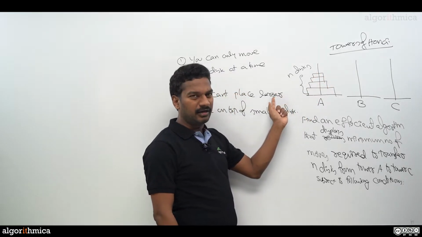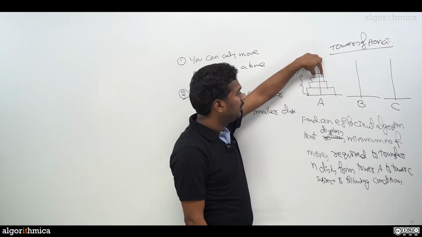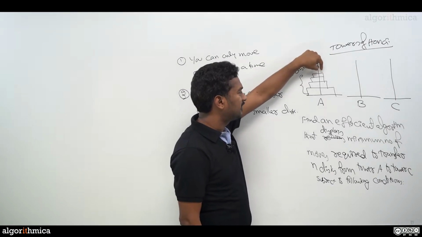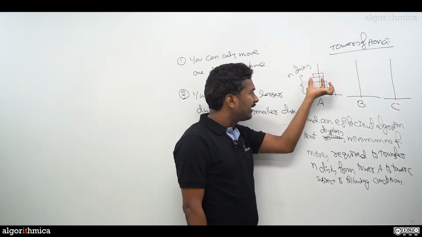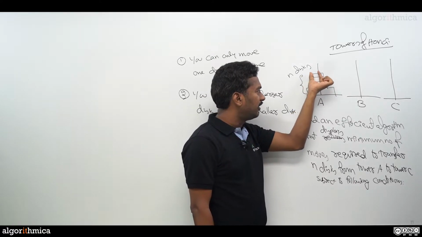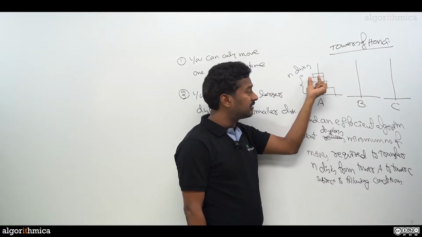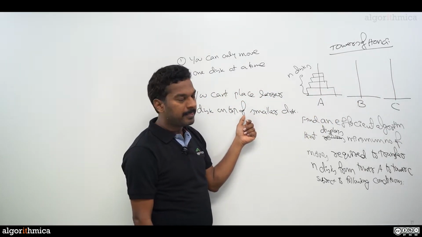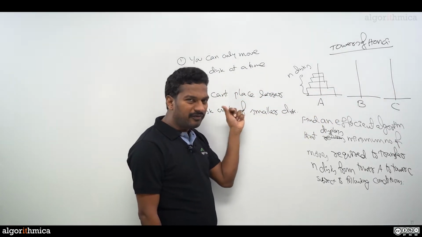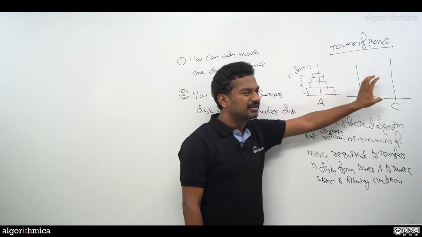In terms of diameter, we call them larger and smaller. If you take the top one, which is the smallest, and transfer it to C, now you cannot place the second smallest on top of it, because you have to satisfy this restriction.